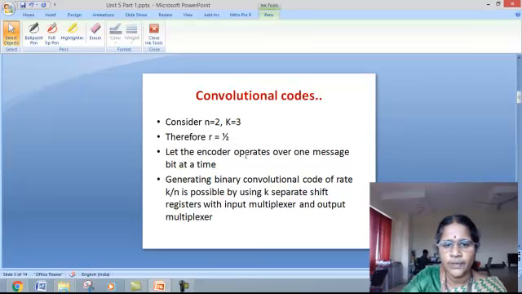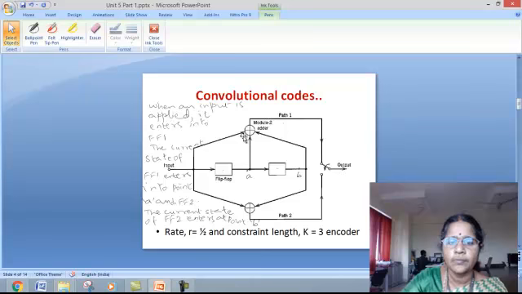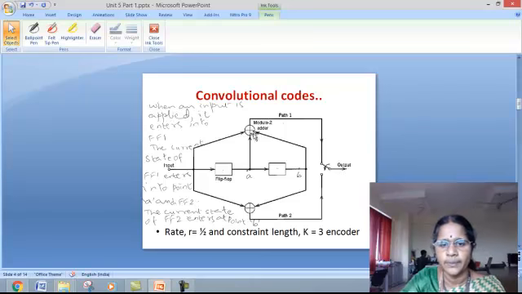And let us assume initially the encoder operates over one message bit at a time. Look at this example. Here there are two flip-flops, and the number of modulo 2 adders is 2.